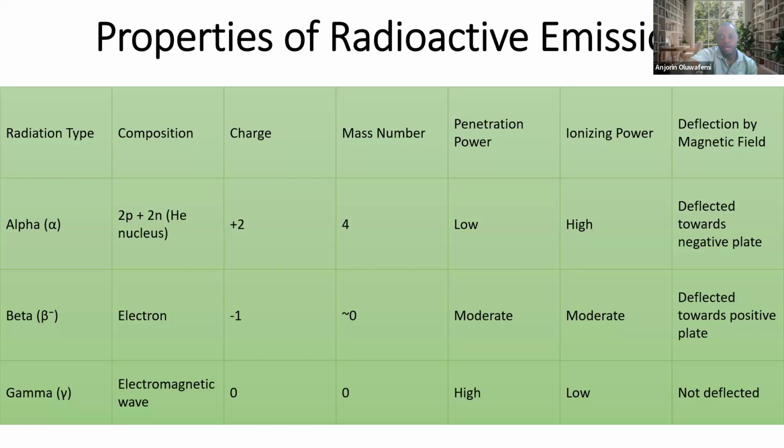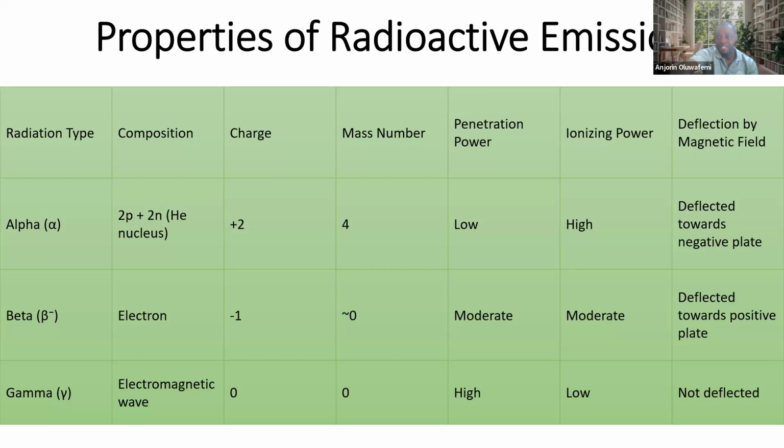Then in terms of penetration power, alpha particles have low penetration power, beta particles have moderate, and gamma has high penetrating power. In terms of ionizing power, alpha particles have high ionizing power, beta has moderate, and gamma has low ionizing power.